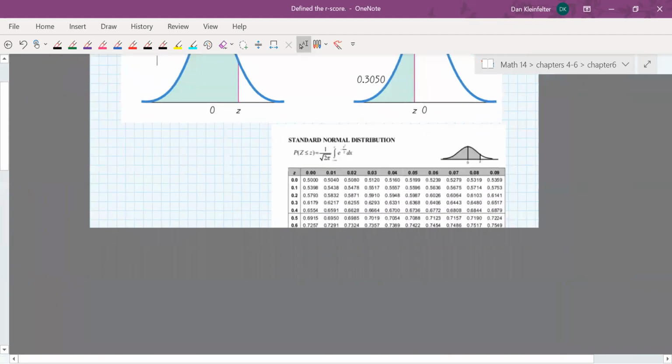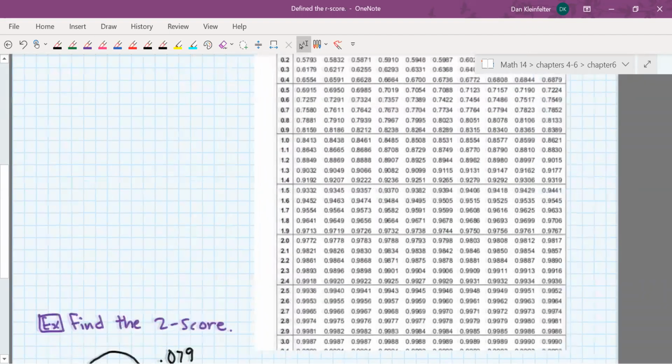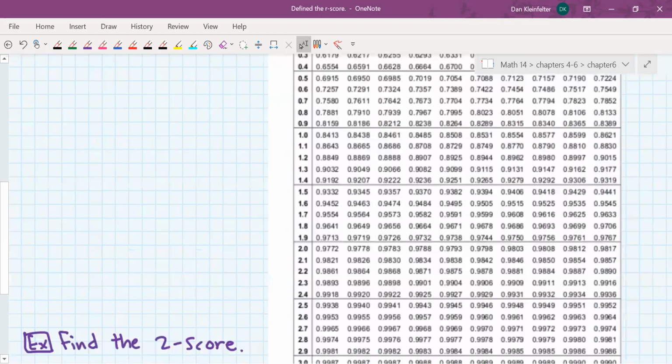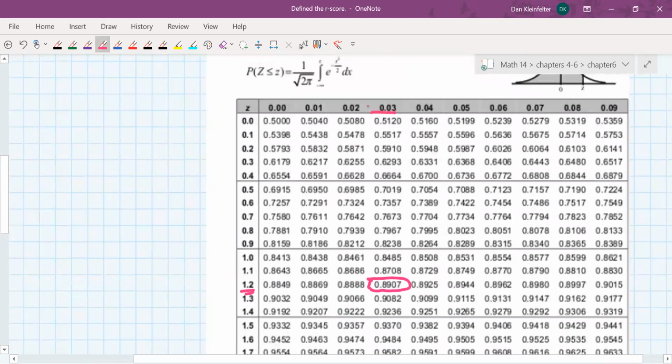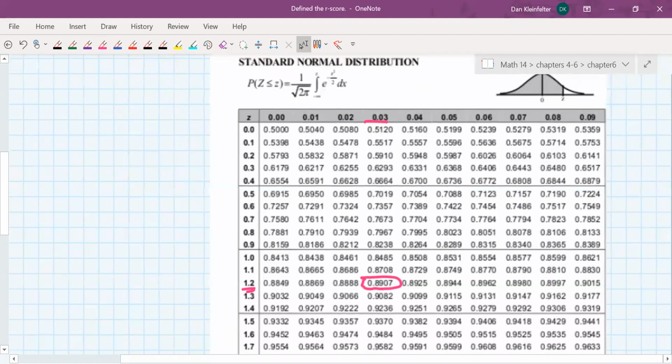Looking in the body of the table for something close to 0.8907, that's exactly in here, 1.23. Given an area of 0.8907, the corresponding z is 1.23.